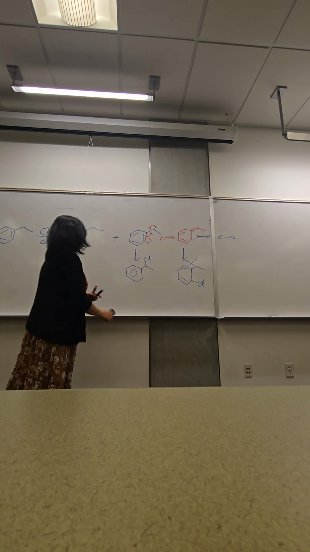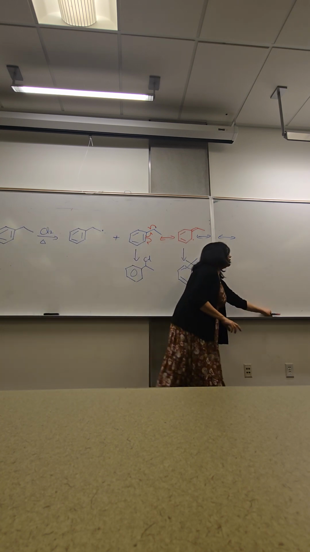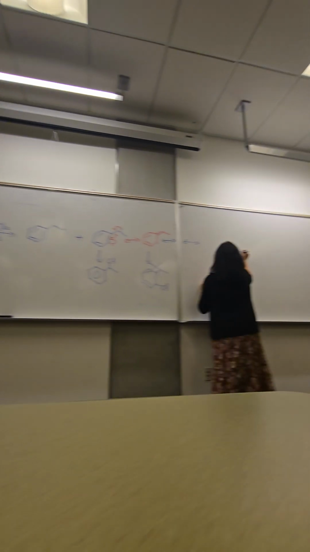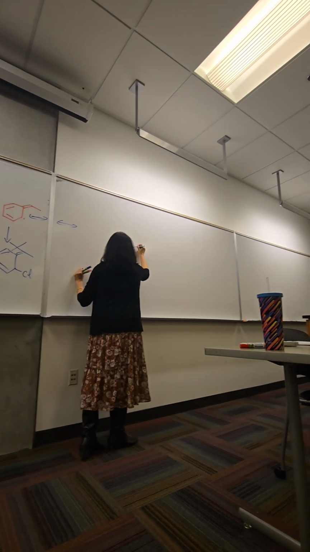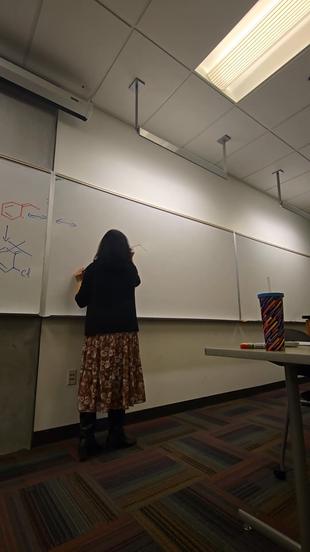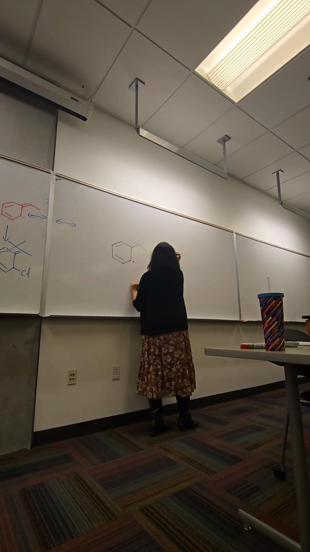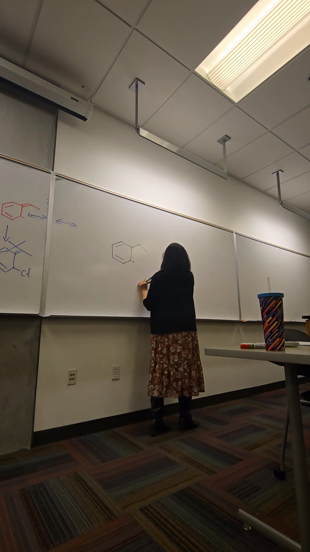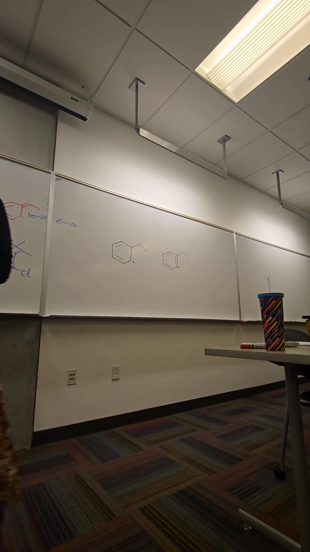Now to address your question, I think what you're asking me, let me know if I'm wrong. There is a difference between this free radical and that free radical. Huge difference. What is the difference?